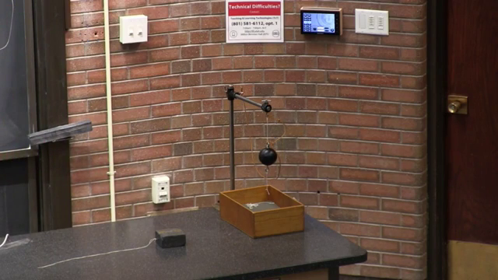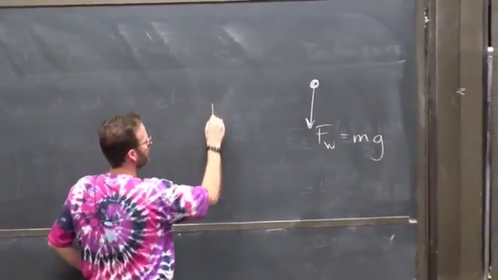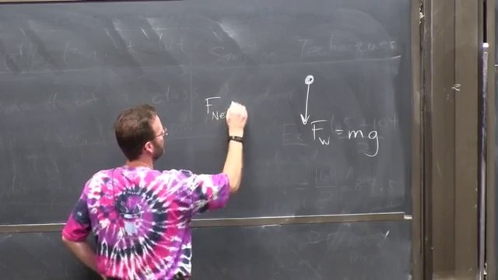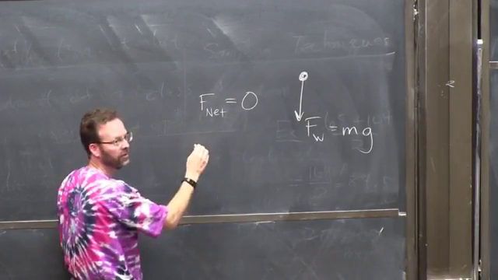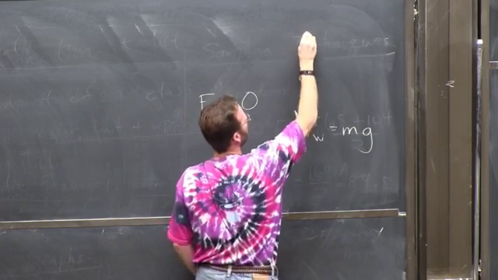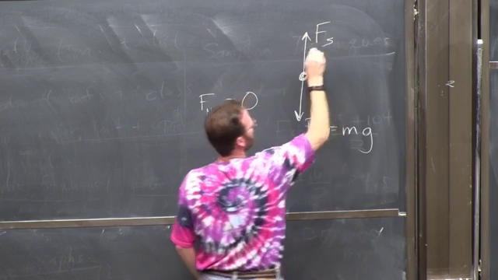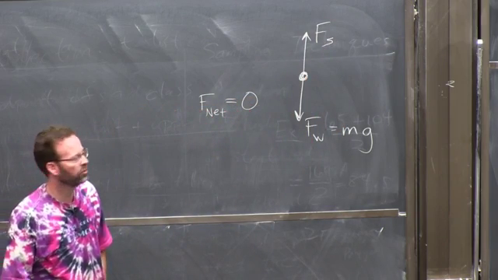And what you do is draw that force body diagram. So there's its weight, mg. But the net force is what right now? 0, very good. Which means what? Something's pulling the other way, equal and opposite. That's that support force, the string. So that's the tension in the string, because those are equal.